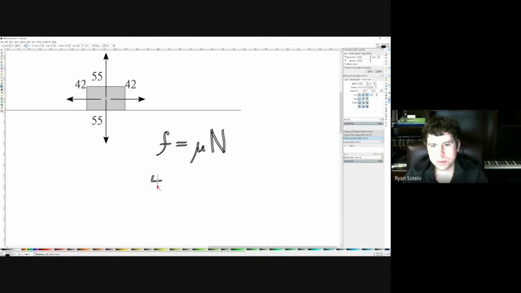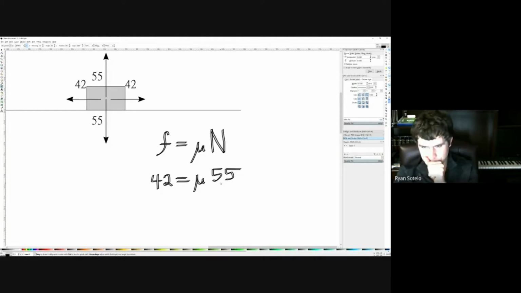So we would say 42 is the frictional force. That is equal to an unknown coefficient of friction times 55, which is the normal force. So mu should just tell us what percentage of 55 is 42.